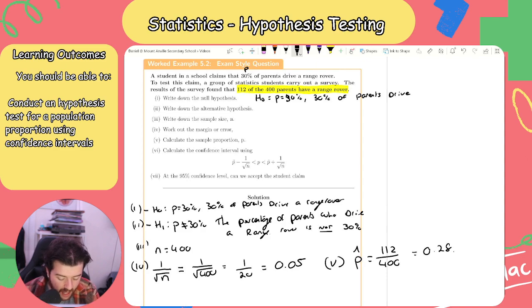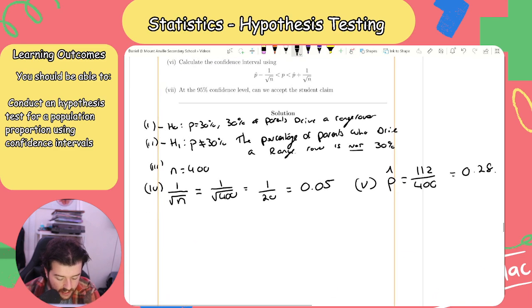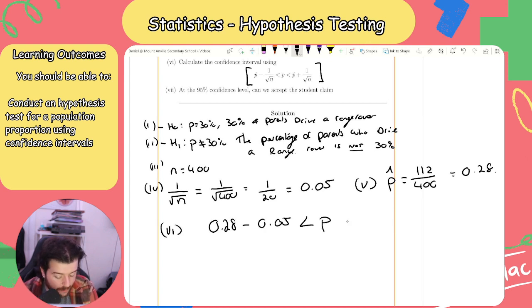Finally, calculate the confidence interval using p hat minus my margin of error and p hat plus my margin of error. So it's going to be 0.28 minus 0.05 is less than my population proportion, which is less than 0.28 plus 0.05.